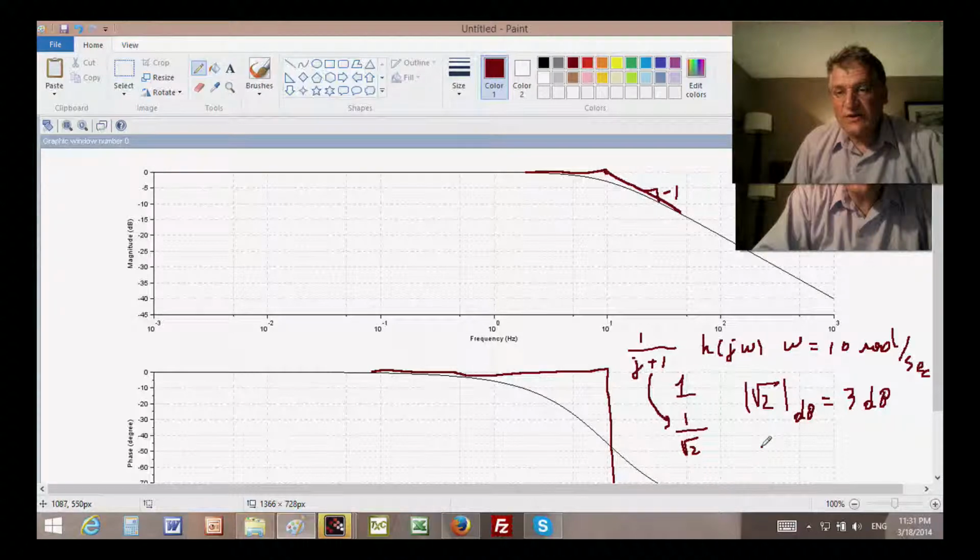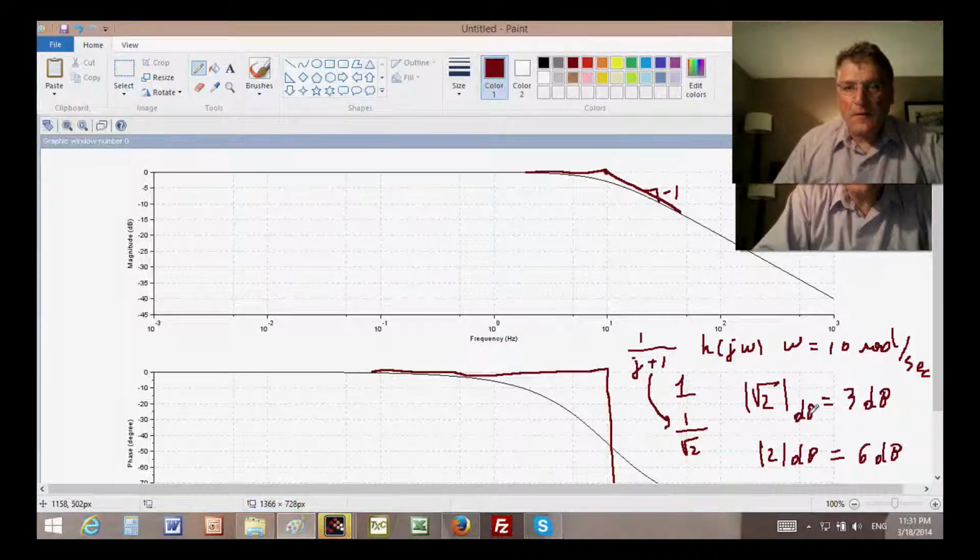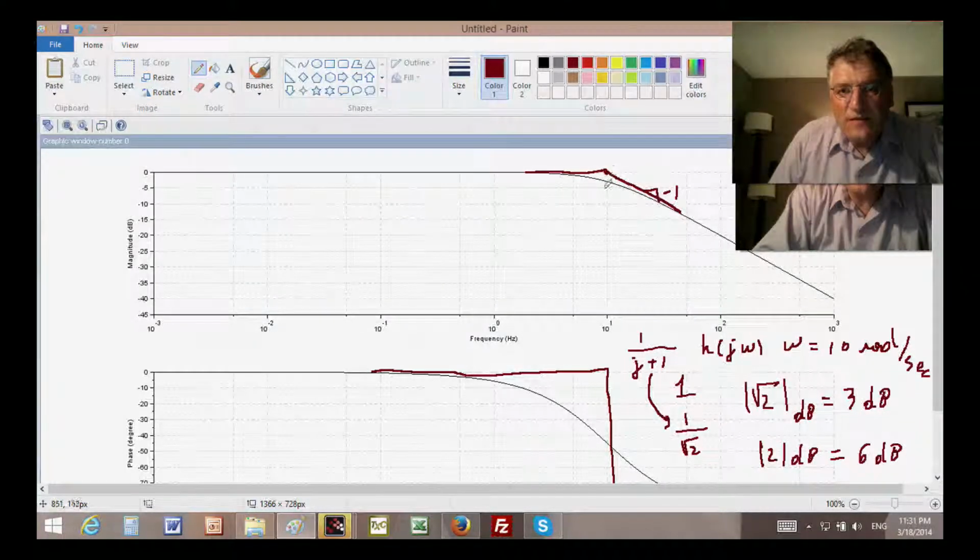Why is that? Because the 2 expressed in decibels is 6 decibels. So square root 2 is 2 to the power 1/2, and so the magnitude in dB is 1/2 of the size of 2 in decibels. All right. Now, what that means is that the difference between these two is exactly 3 decibels.